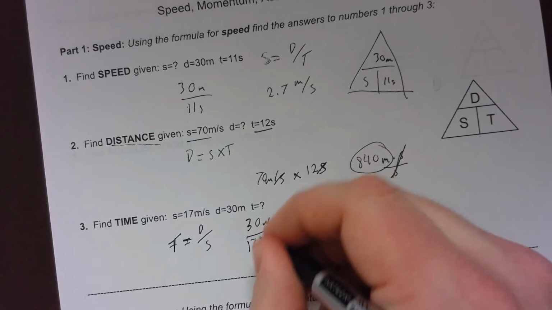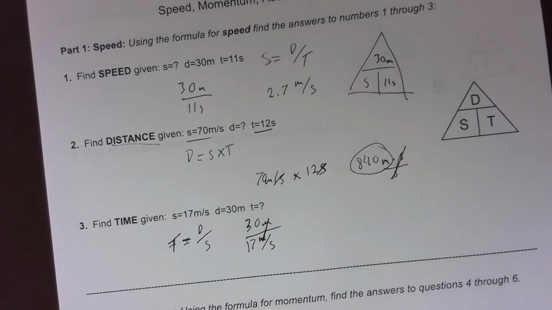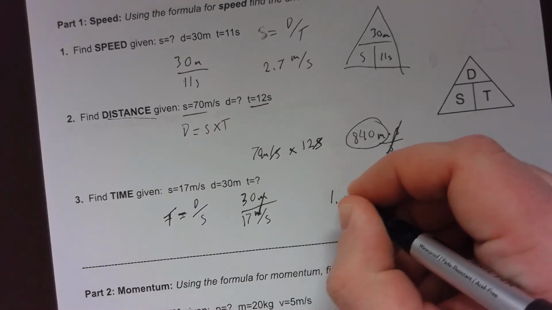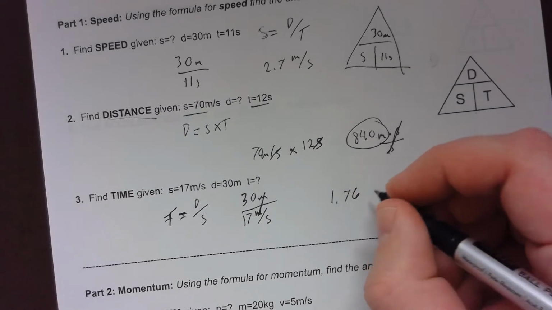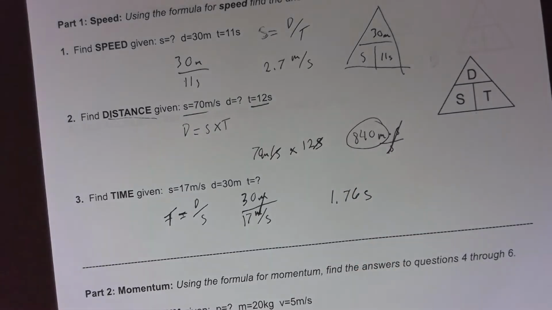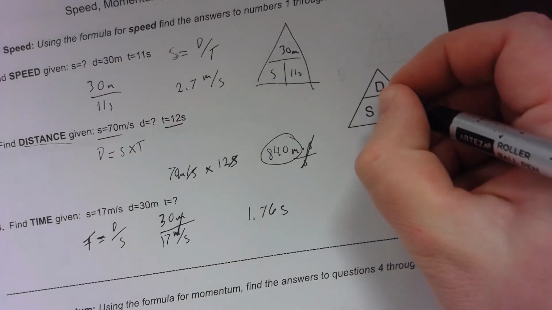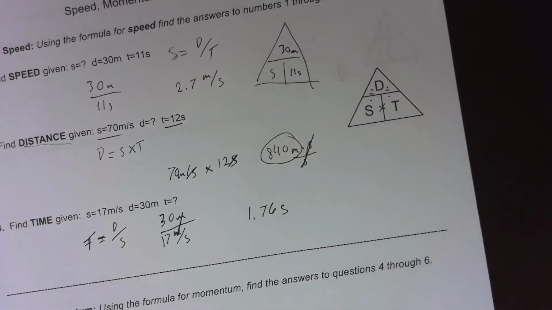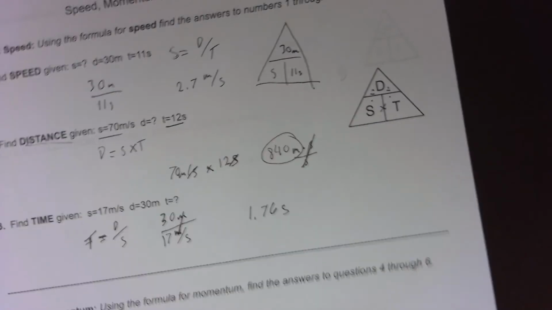These two will cancel out, and we get our 30 divided by 17 gives us an answer of 1.76 seconds. Okay, so remember, if we have this, we're always looking for our division if they are on opposite sides of the dividing line, multiplication if they are on that.